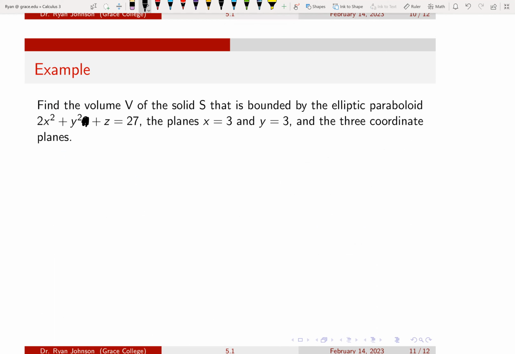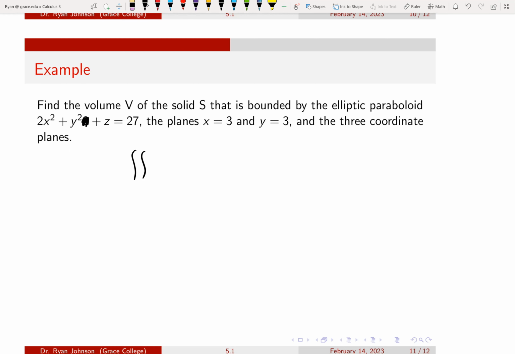Then what I'm doing is finding the volume, so I'm doing a double integral, and it's over the coordinate planes. Just like how your single integral was always finding the area over the coordinate axis, if you're over the coordinate plane, then you're just doing a straight up double integral, nothing fancy.